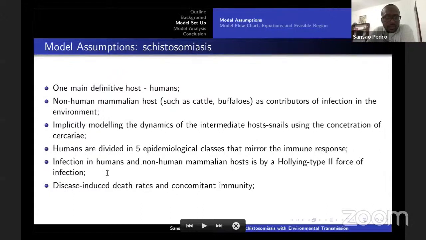Then the force of infection is modeled using a Holling type 2, in the sense that we bring in the biological effect that the more infective individuals we have, the more the infection will saturate.